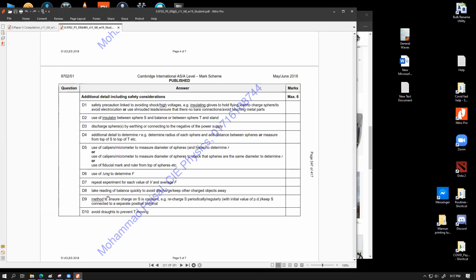But it goes without saying that too many people in one laboratory room shouldn't be performing this experiment at the same time. If you have, let's say, 2-3 people performing in 2-3 corners far away from each other, that's acceptable. But too many people shouldn't be performing this experiment in different apparatus setups simultaneously in the same room. That should be avoided.